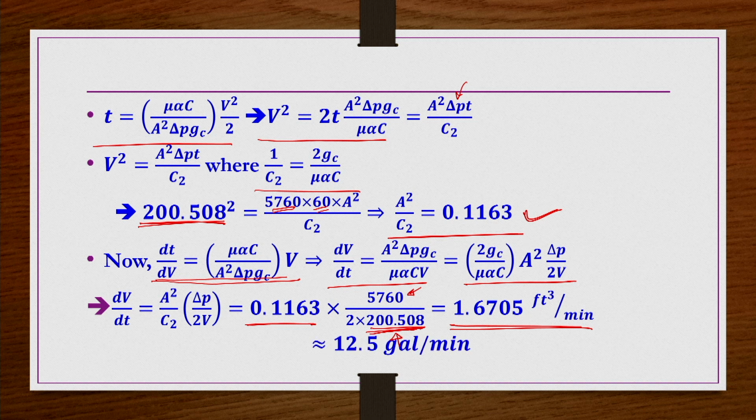If you convert it into gallons, because it is given in gallons, it comes out to be 12.5 gallons per minute, because in 1 hour 1500 gallons you are getting, then per minute how much you will get? 12.5 gallons per minute, that is the same thing by calculation. So, this information we will be using in order to get the wash time.